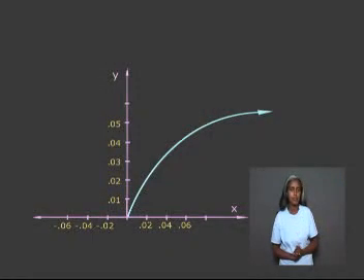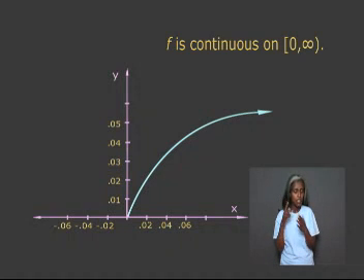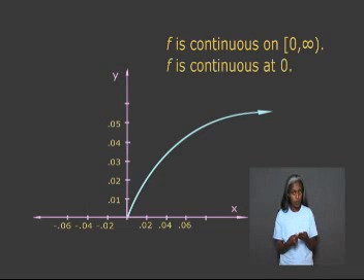Welcome back, students. Here is the graph of the function. As you can see, it is continuous on the half-open interval 0 to infinity. Therefore, it is continuous at 0.